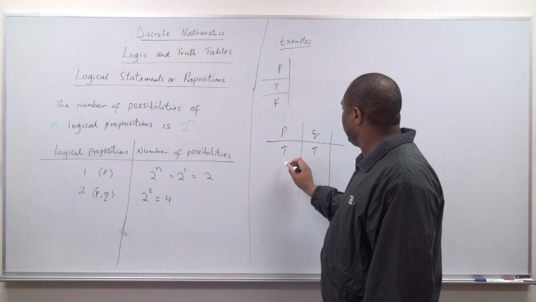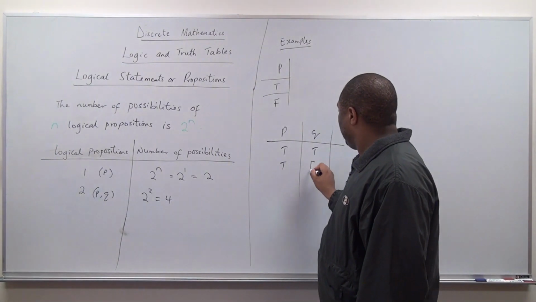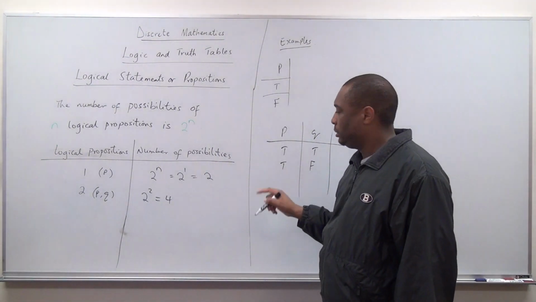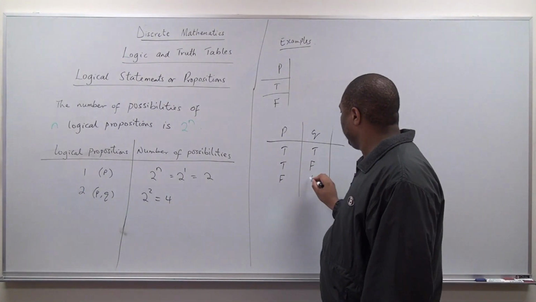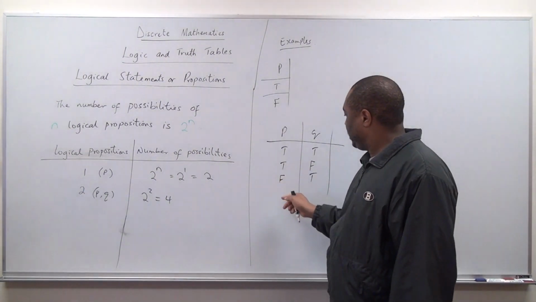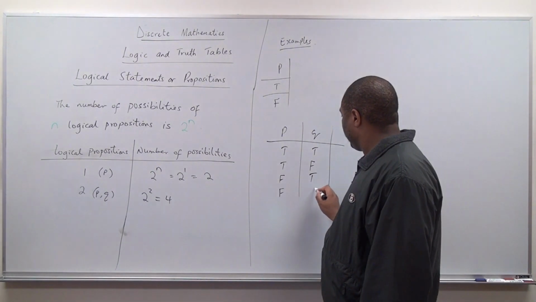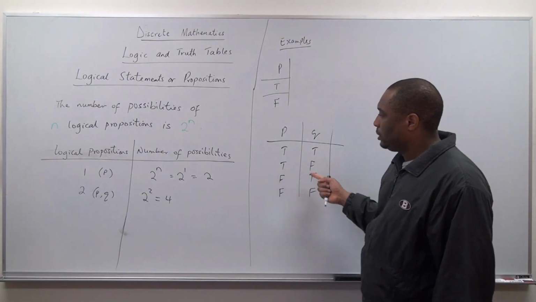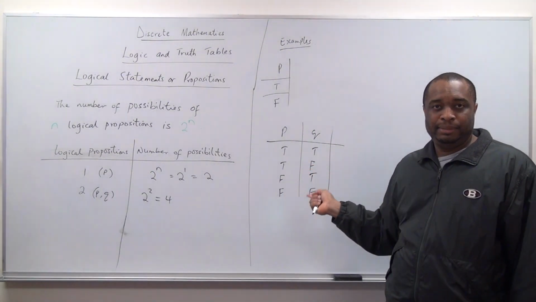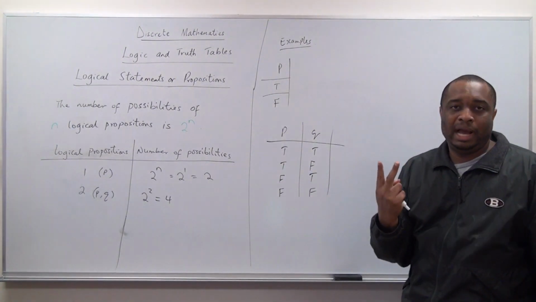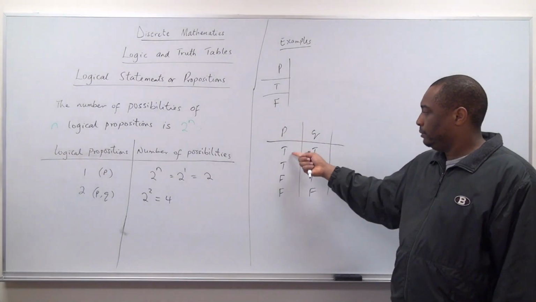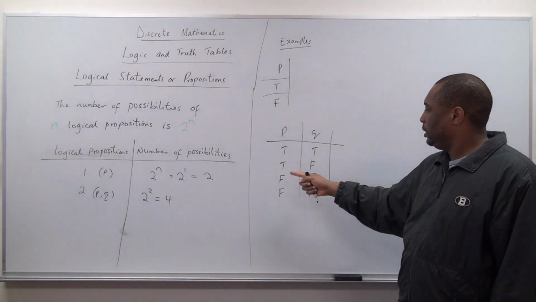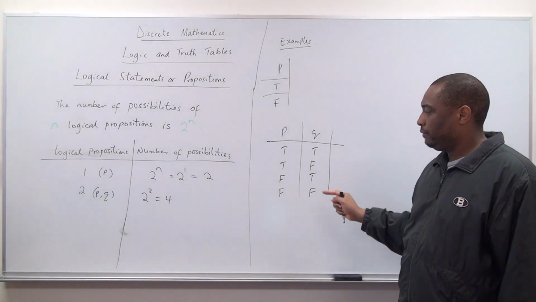We can also have when P is true and Q is false. We can also have when P is false and Q is true. And then we can also have when P is false and Q is false. So these are the 4 possibilities we can have when we have two logical statements.